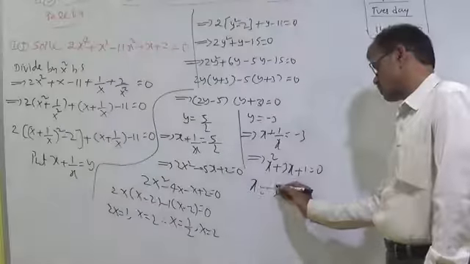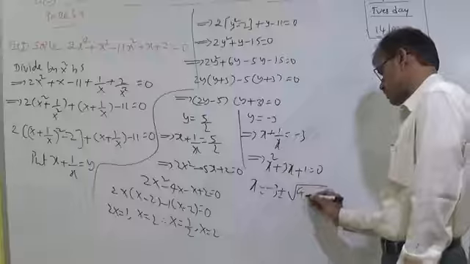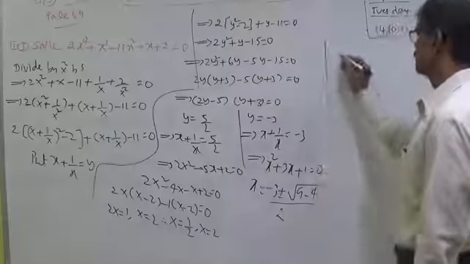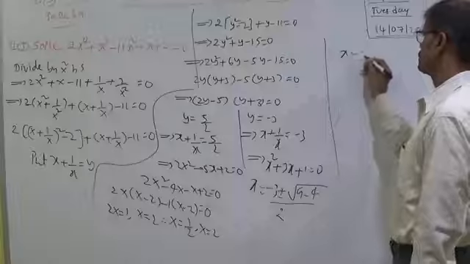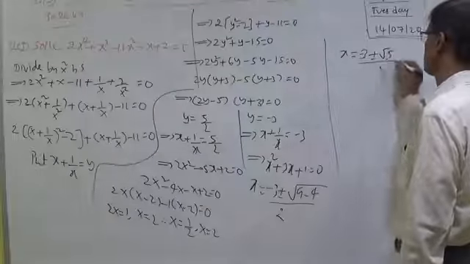We can write according to the formula, x equals minus b plus or minus root b square minus 4ac, by 2a. Therefore x is equal to minus 3 plus or minus root 5 by 2.